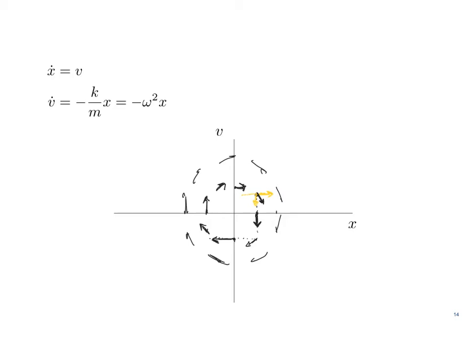Then if you want to do it in a more schematic way, then you will say, okay, well, just draw the coordinates. So x, v, and then just draw circles.